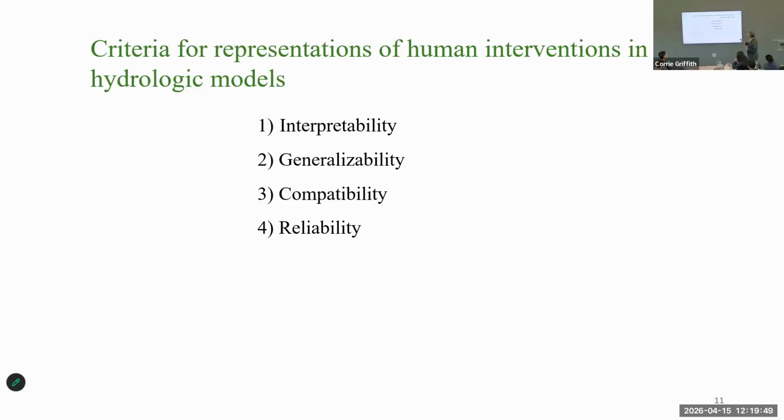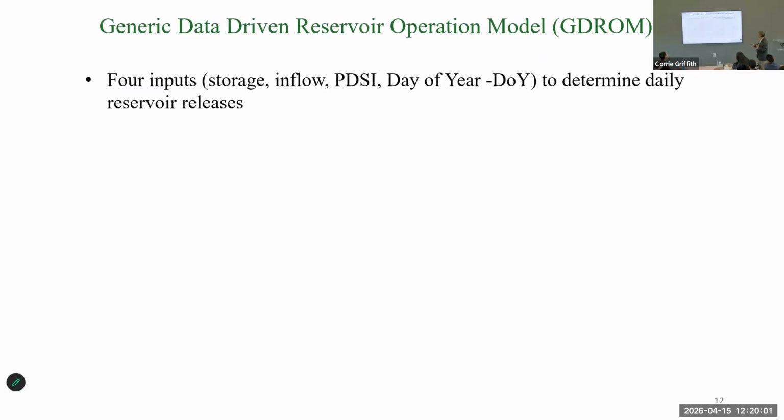Let me use a reservoir as an example. In the past several years, my group spent some time developing the so-called generic data-driven reservoir operation model. It's called GDROM. We only use 4 inputs: storage, inflow, PDSI, which is a drought indicator, and the day of the year to represent seasonality.